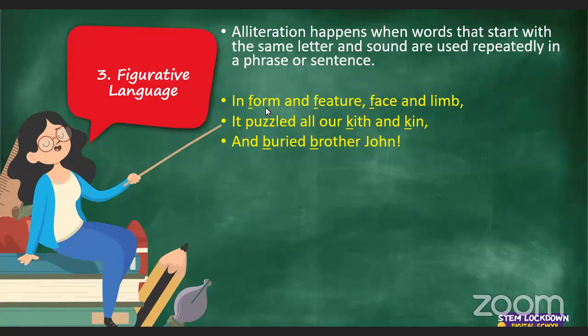Form, and feature, face. So they start with the same letter and they have a similar sound as well. And then we have Keith and Keen, buried and brother. Okay, so these are the figures of speech that we had identified from the poem that we did last week, which is The Twins.